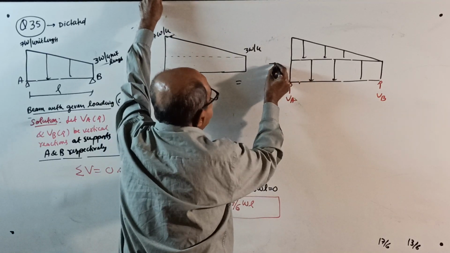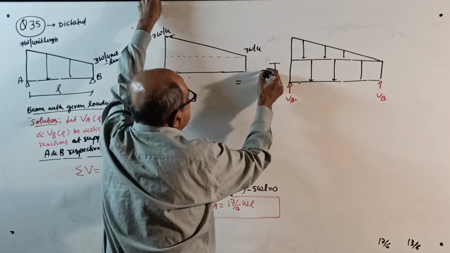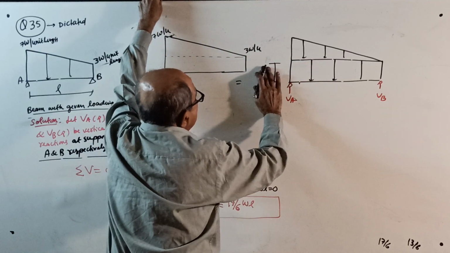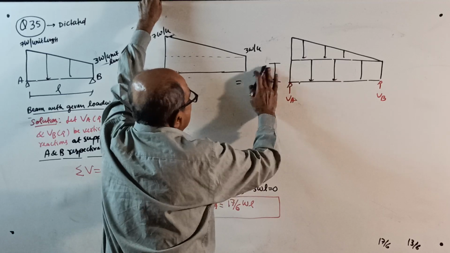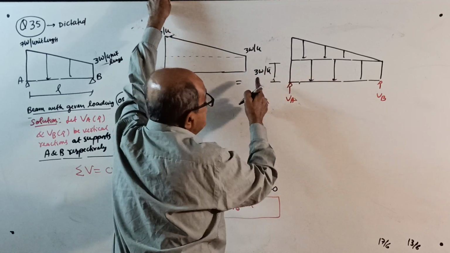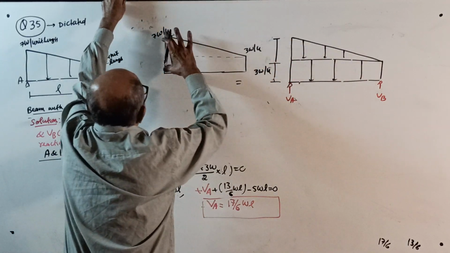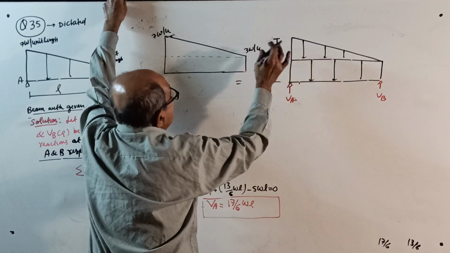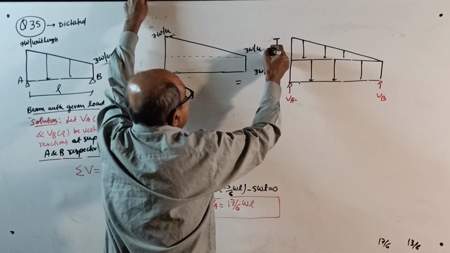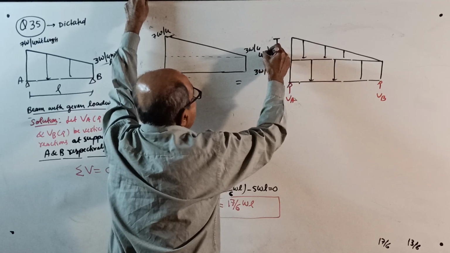This is the rectangle, 3W per unit length. To save the time, I am putting per U. This is 7W here, 3W here. If you cannot calculate, this will become 4W per unit length.